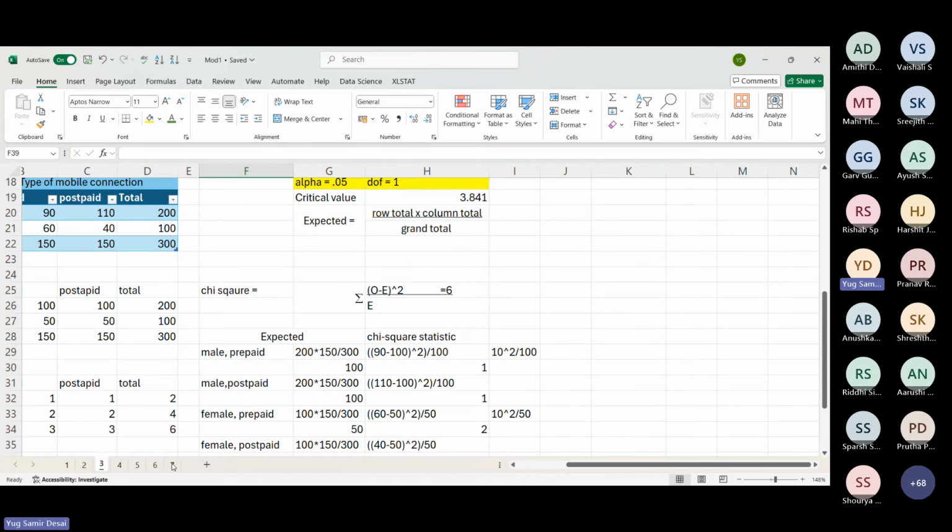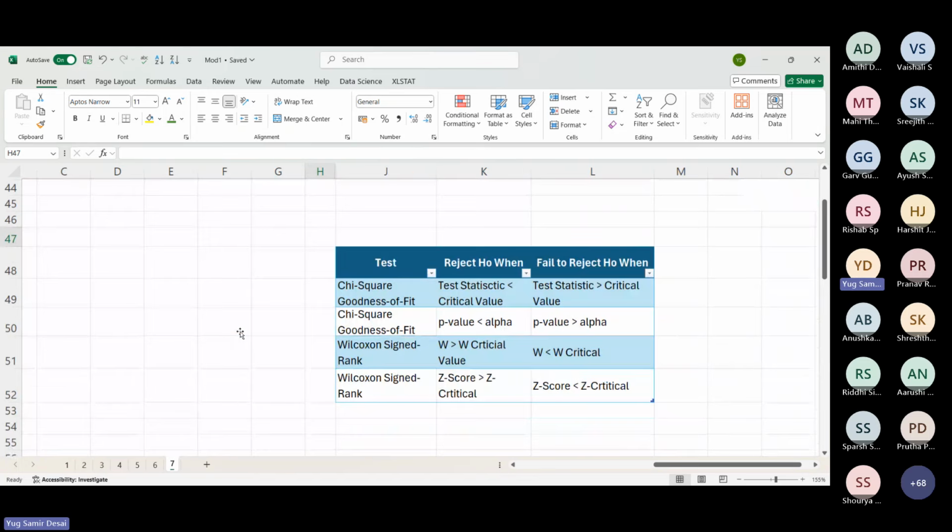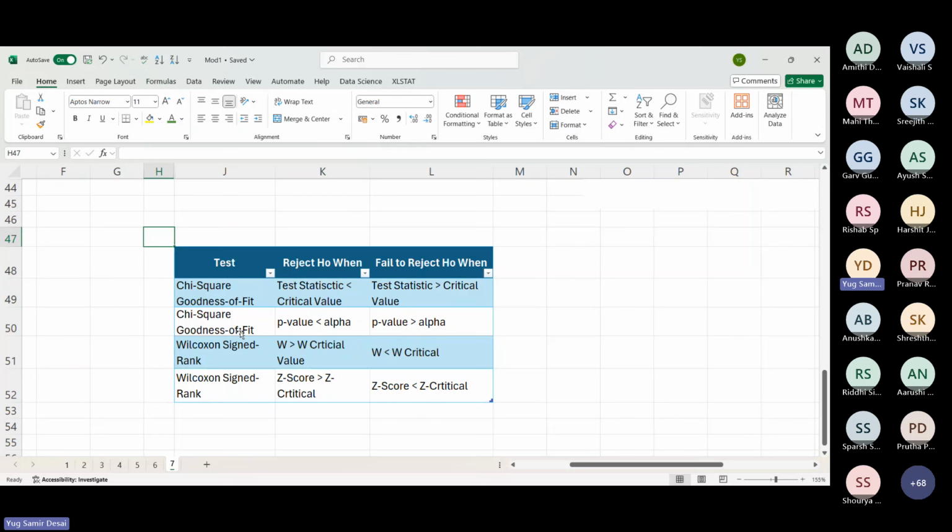So, yes, coming back, when and when not to reject the null hypothesis. For a chi-square goodness of fit test, or rather any chi-square test, you can reject the null hypothesis when your test statistic is lower than the critical value or your p-value is less than the alpha value.